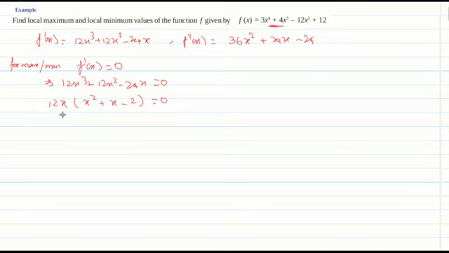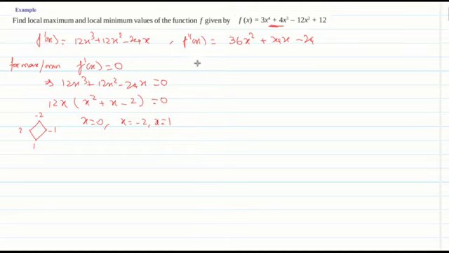So from this we can say x is equal to 0. But for the quadratic polynomial we have to check with the diamond method: when you multiply it is minus 2, when you add it is 1. That means 2 and 1, but I put a minus on the 2. So x is equal to 0, x is equal to minus 2 and x is equal to 1. These are the values I am getting: 0, minus 2 and 1.